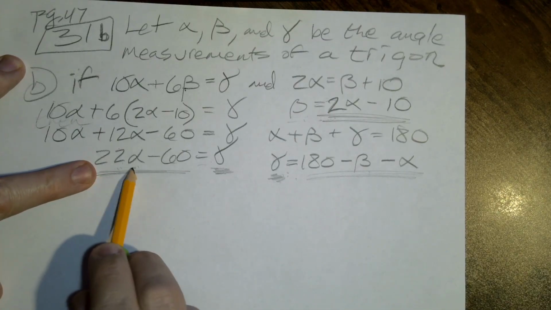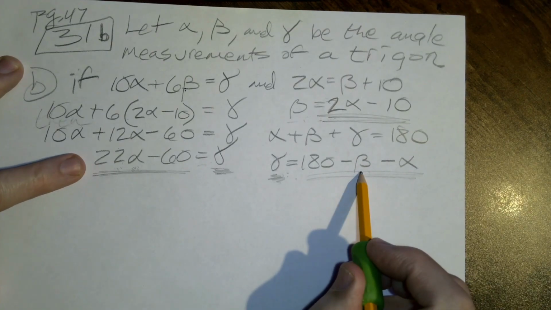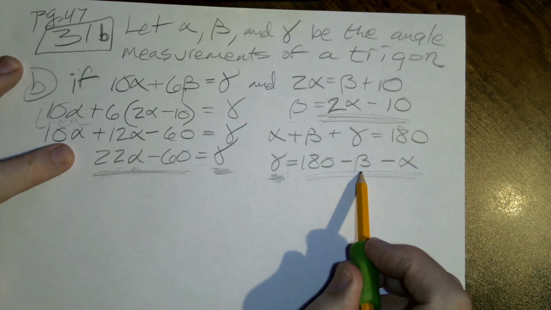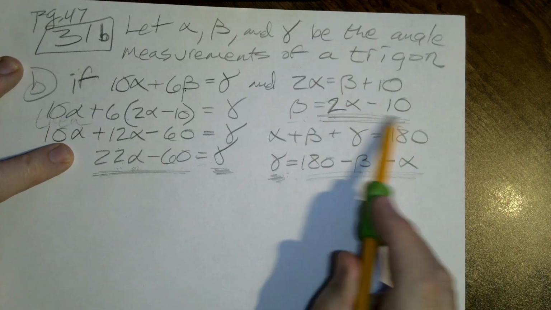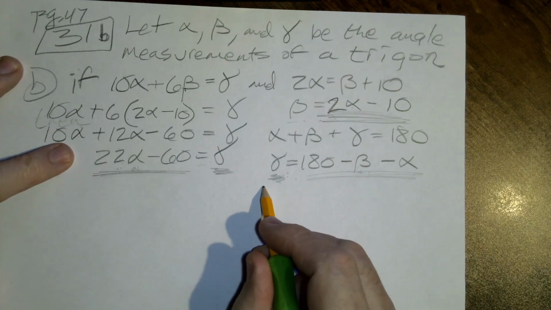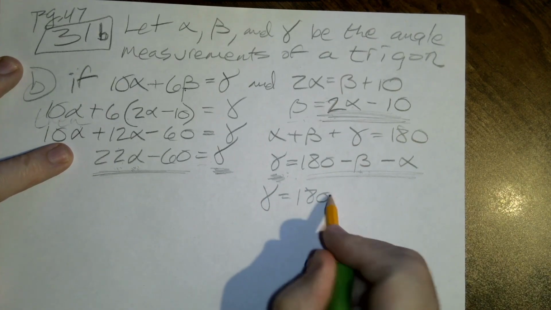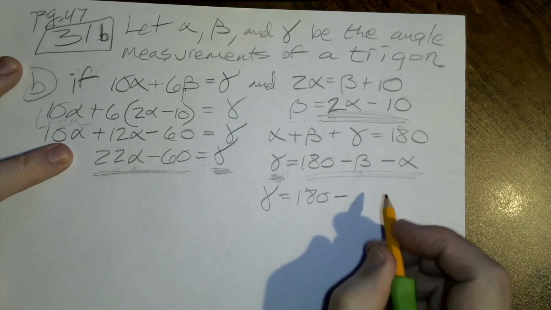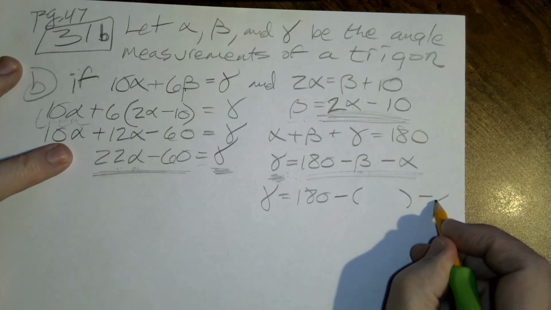This is written just in alphas. And here we don't need to write this beta, do we? We know what beta is. We can write it entirely in terms of alpha. So let's do that. Gamma is equal to 180 minus beta minus alpha.